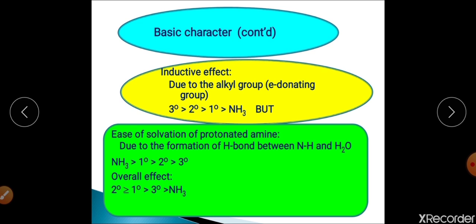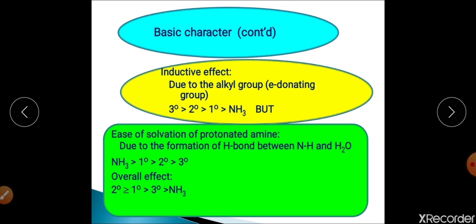So when we are talking only about the inductive effect, we may have this order of basicity, that is, tertiary amine will have more basicity as compared to secondary, as compared to primary, as compared to ammonia.